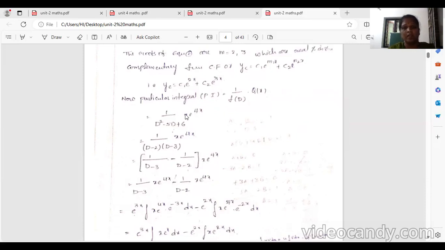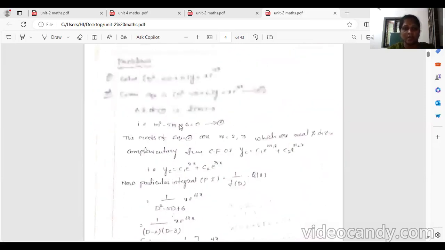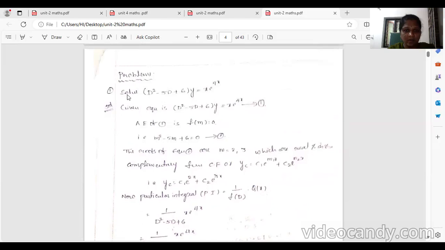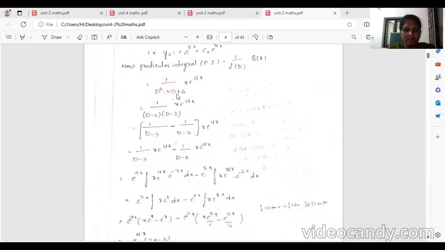Now the particular integral y equals 1 by f of D into Q of x. Here 1 by f of D means 1 by D square minus 5D plus 6 into x into e power 4x.